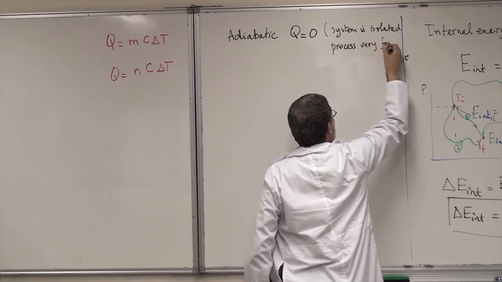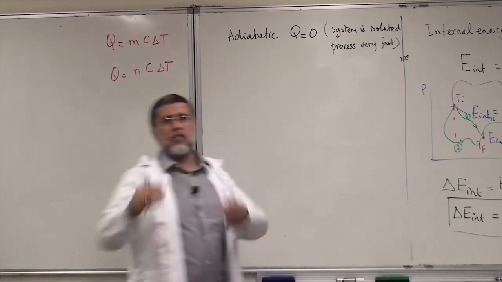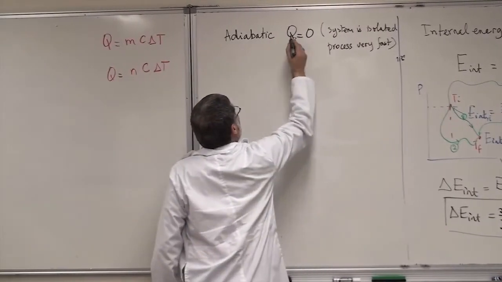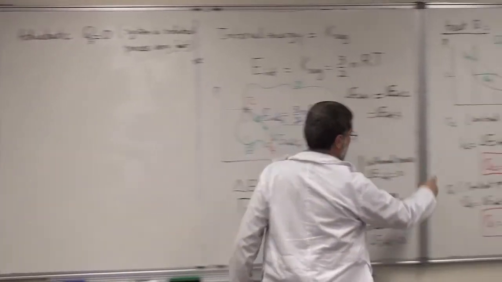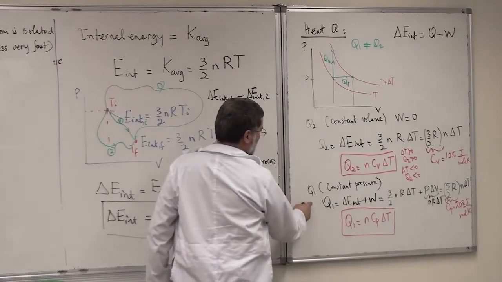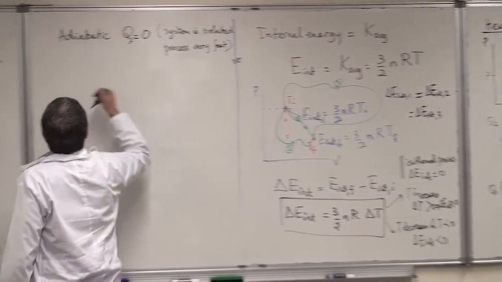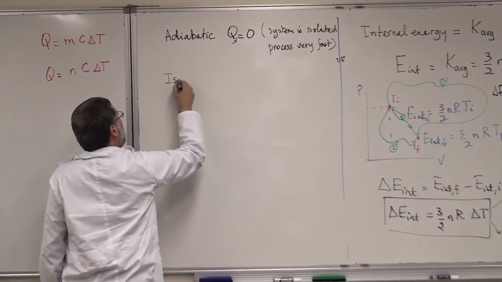Very fast. The gas didn't have time to exchange heat. One of these, that's for the adiabatic. So remember, I call this Q3. That's Q1 here for isobaric, Q2 for isochoric, Q3 for adiabatic, and let me go to isothermal and close, okay?